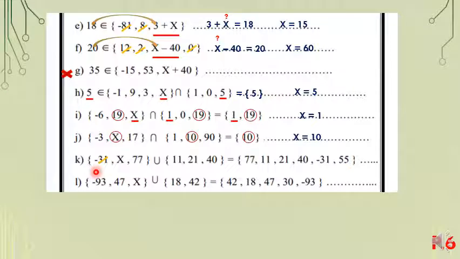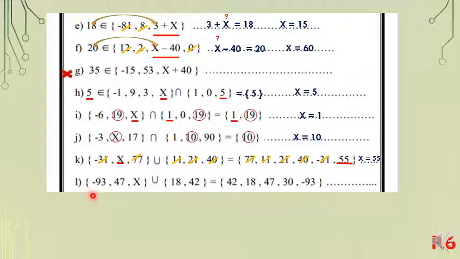Here we have negative 31 and here we have negative 31. Then 77 cross with 77. 11 cross it with 11. 21 cross it with 21. 40 cross it with 40. Now what's left? Here we have x and 55 left in the answer. So x equals 55.